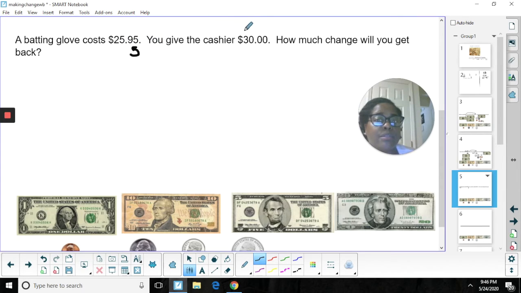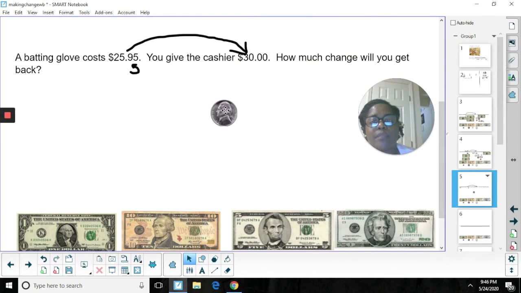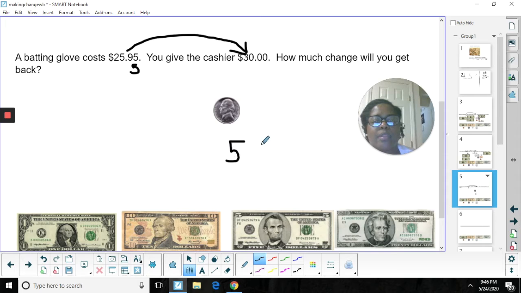So we'll get right to that $30. Your change is going to be 5 cents. So let's go down here and get 5 cents. Oops. Let's get up here. 5 cents. Okay?